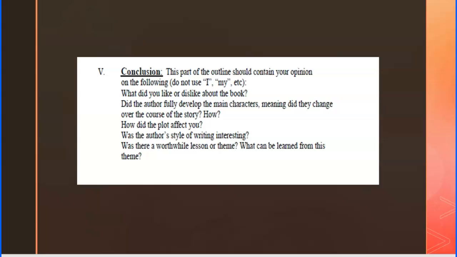All right, then finally you will have a conclusion paragraph, and this is where you can state your opinion. Try not to use first person, but you can say things like, this book was extremely sad, or this book was extremely scary and frightening.